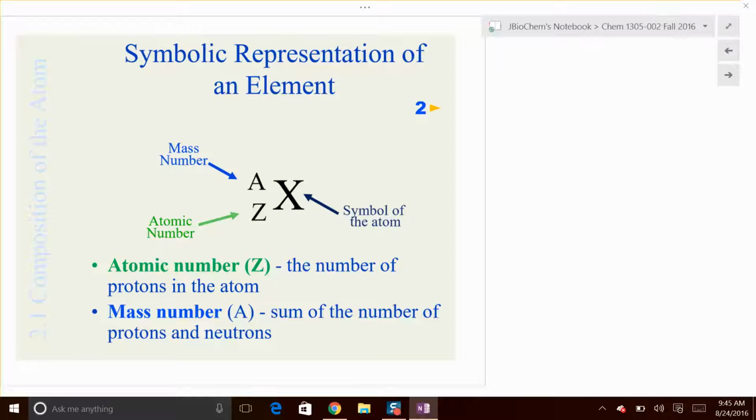It's a whole number. Okay? So I could have oxygen 16 or oxygen 15. Okay? And they would all have the same number of protons. The number of protons does not change. But you can see the mass can change.